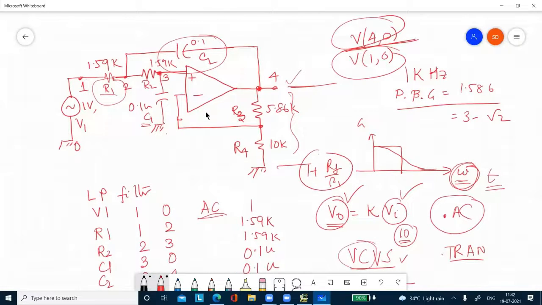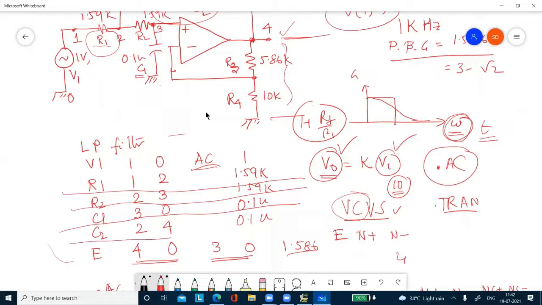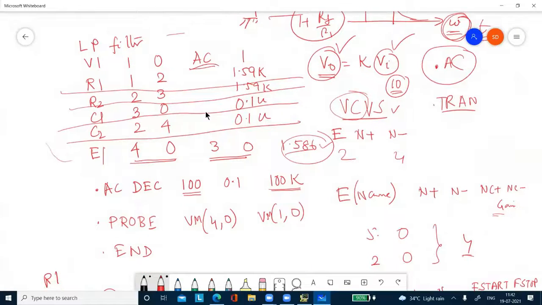Look at the program here. Low pass filter, V1 10 AC, R1 12 1.59, R2 23 1.59, C1 30.1 U, C2 24.1 U, E1 you can write 40 30 1.586 if you consider the Butterworth filter. If you have a normal filter, then the gain can be 2. Then the AC statement, then the probe.